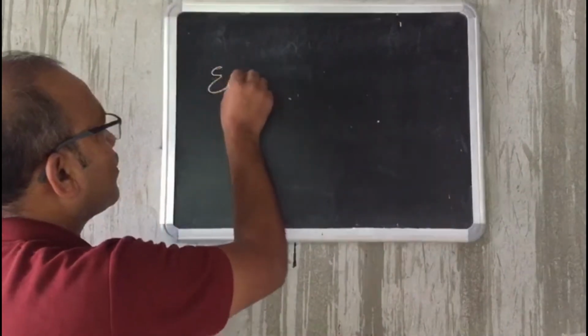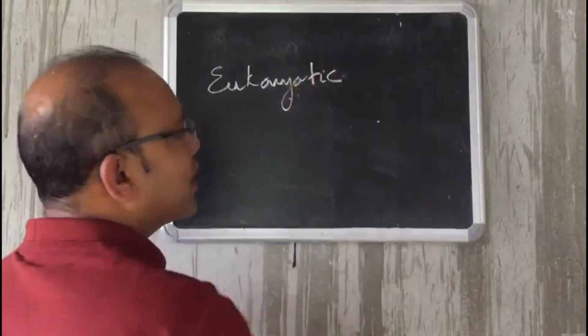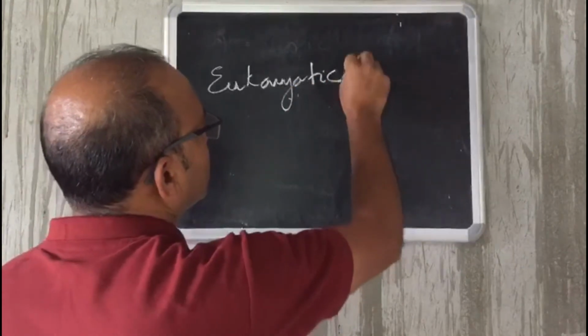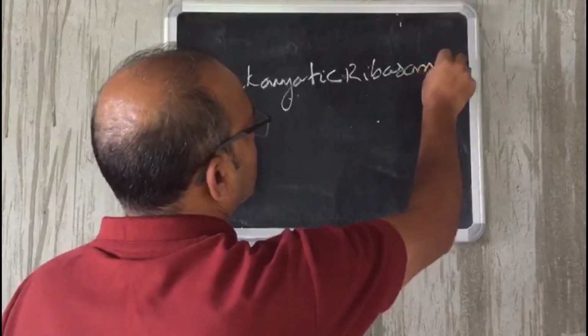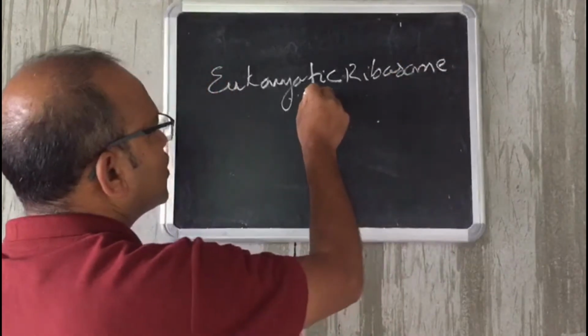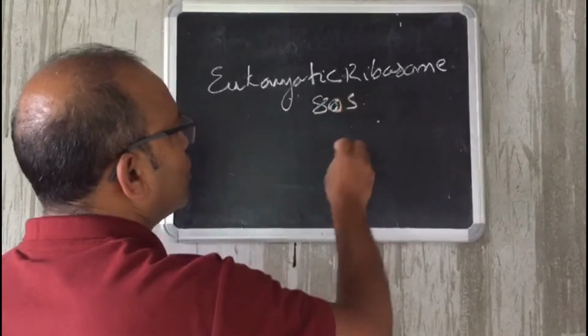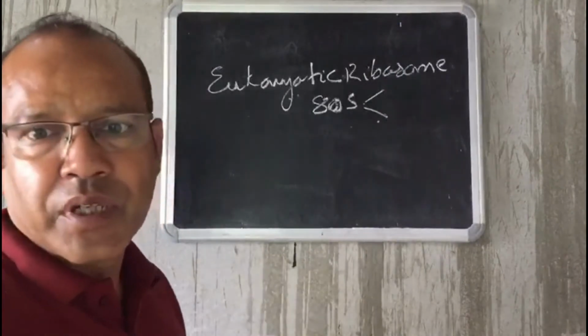Eukaryotic ribosomes are of 80S type. It is divided into two subunits.